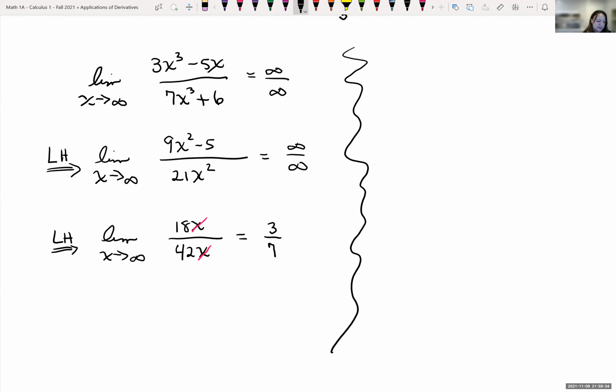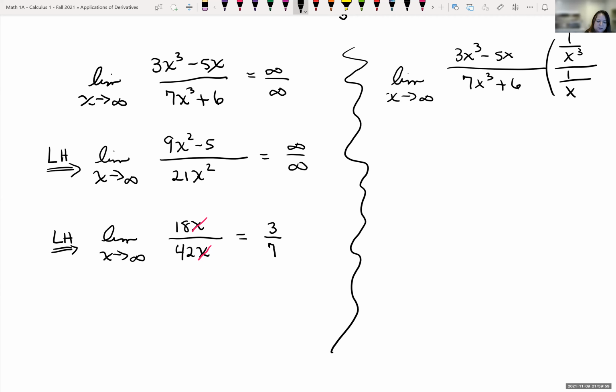If we thought about this from previously, when we got infinity over infinity, we could divide by that variable raised to that highest power. So if we did that in the denominator, multiplying by a fancy one, that fancy one we're going to multiply by is 1 over x cubed.